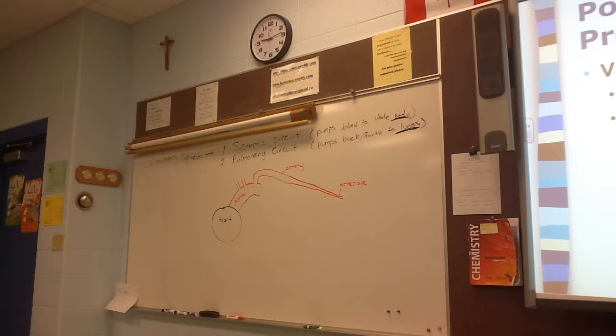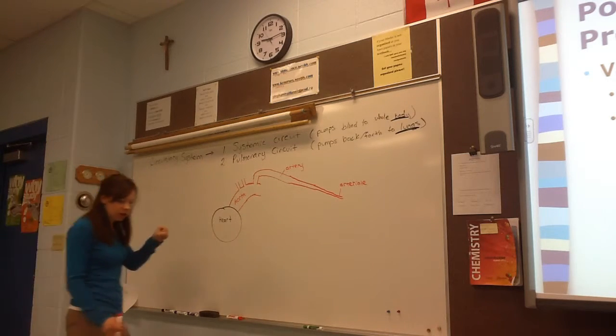Our heart is pumping the blood really hard. And just like a hose that has a lot of pressure coming out of it needs to be strong so that it doesn't break or start flailing around, the arteries and the aorta are very strong and thick in muscle.